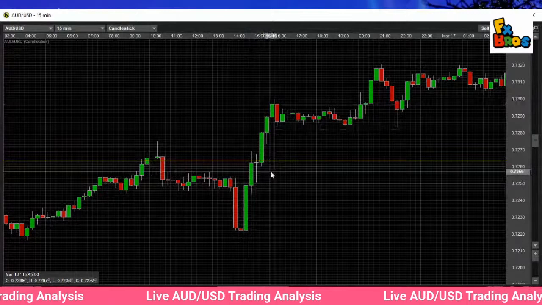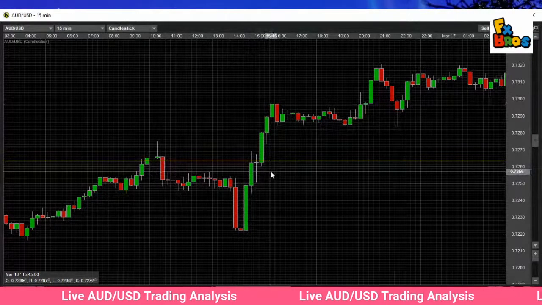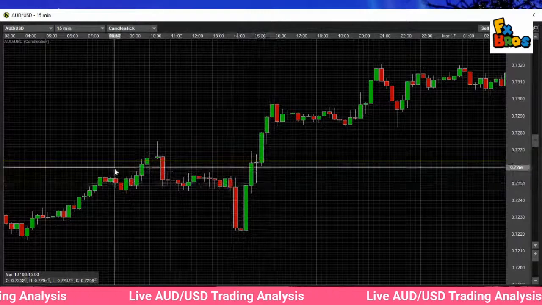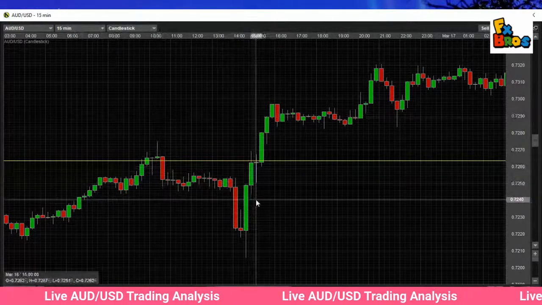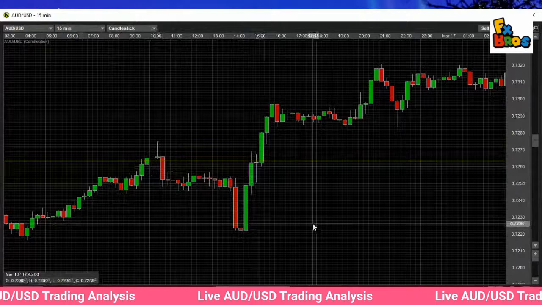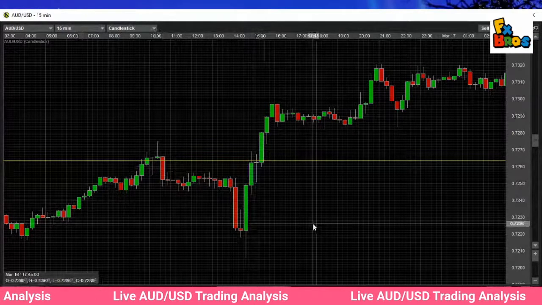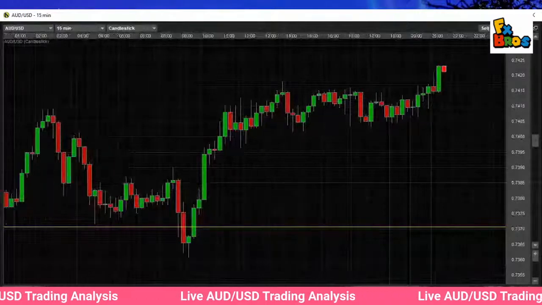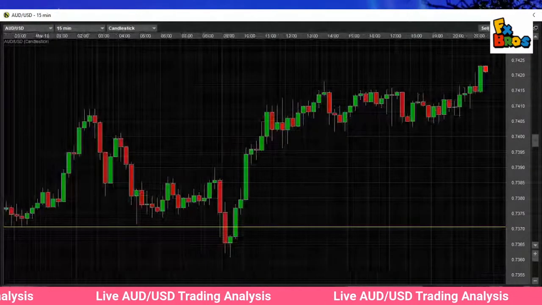You might not see that on the hourly, but you definitely see that right here. That's why it's key to look at all time frames when you're trying to decide on the markets. All time frames.